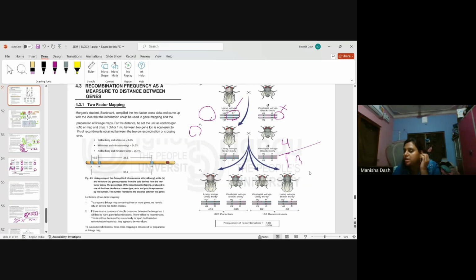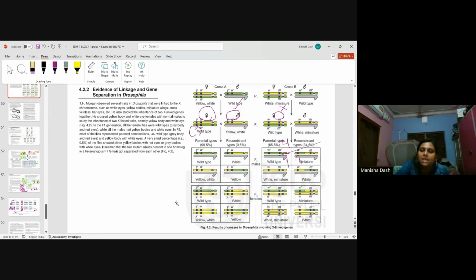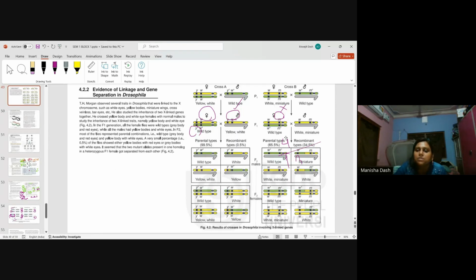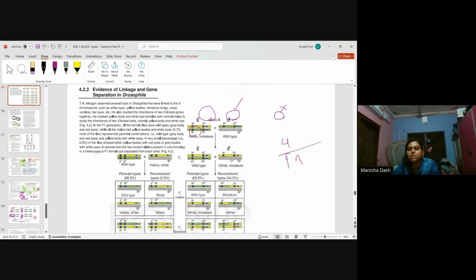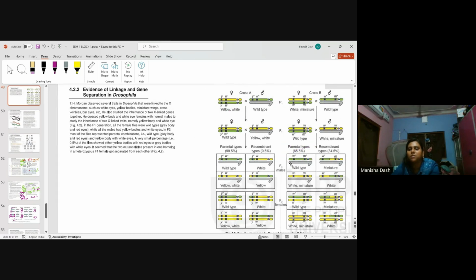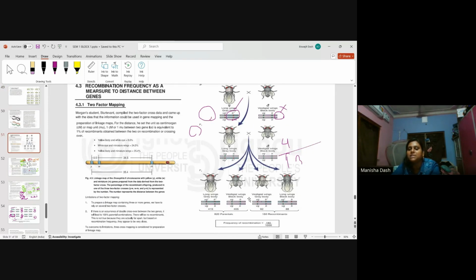Now, as I told you in the previous slide, the greater the distance between the genes, the higher the frequency of crossing over, and the smaller the distance between the genes, the lower the frequency of crossover. So in any cross, if the number of recombinants is more, then the distance between the genes should be more.